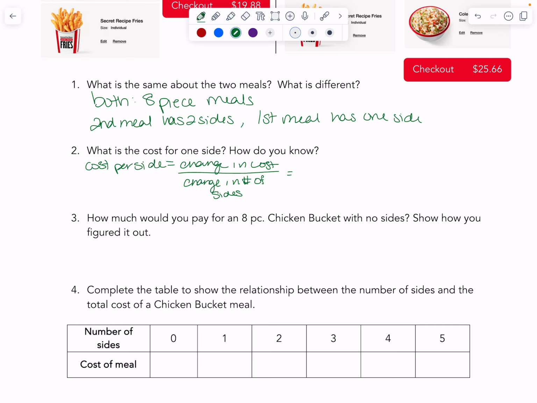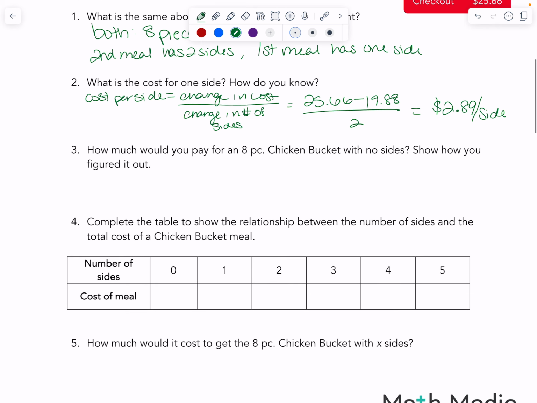So that gives you $25.66 minus $19.88, all divided by 2, which is $2.89 per side.